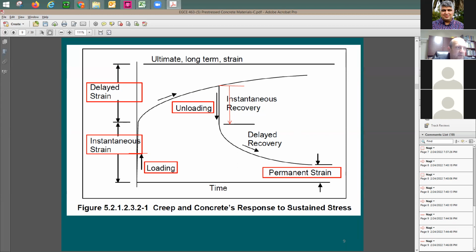This is actually a very good point that you're raising here. What happens if you load it and unload it, right? All you need to do is just take a copy of this curve and put it to start from this point again. That's where fatigue comes in, and it could ultimately fail. Yes, exactly. But this is going to be called low cycle fatigue, and it's going to be slow fatigue.